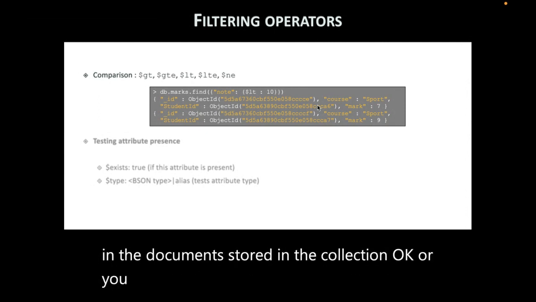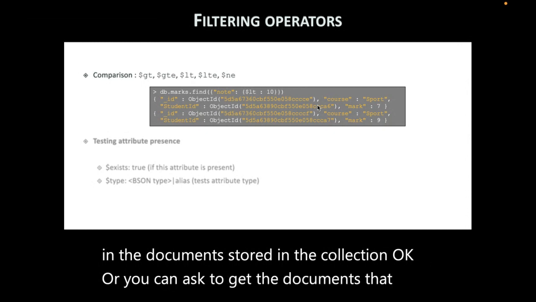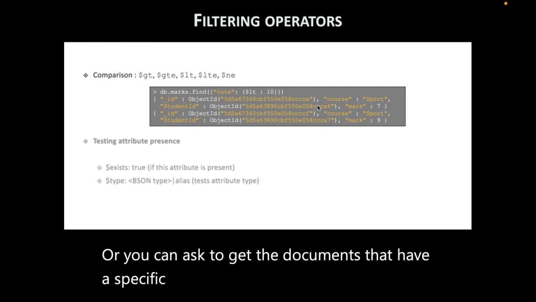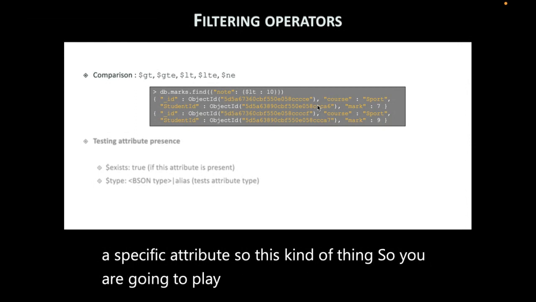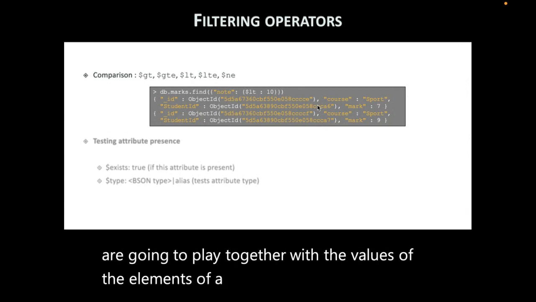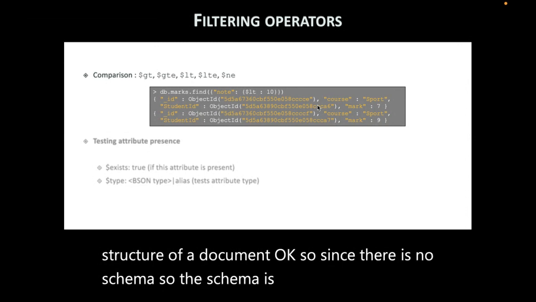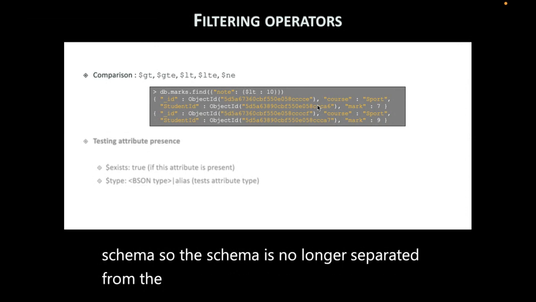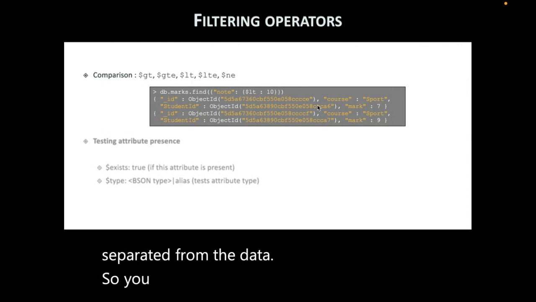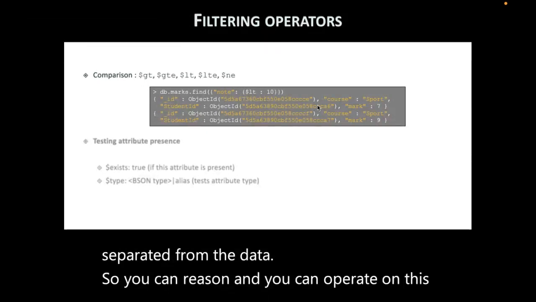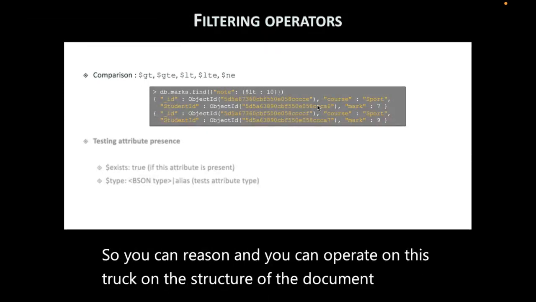Or you can ask to get the documents that have a specific attribute. So you are going to play together with the values of the elements of a document and with the structure of a document. Okay, since there is no schema, the schema is no longer separated from the data. So you can reason and you can operate on the structure of the document and on its values.